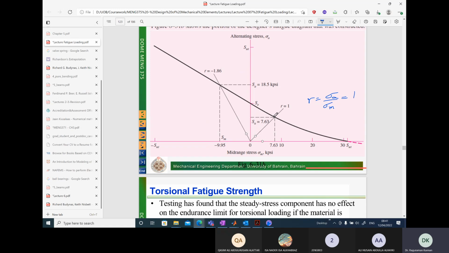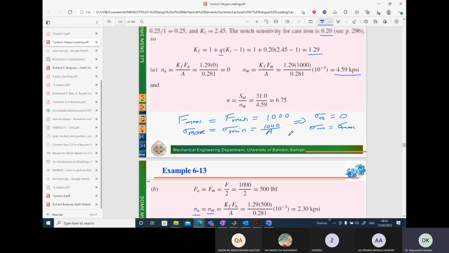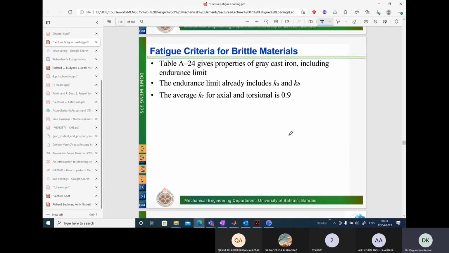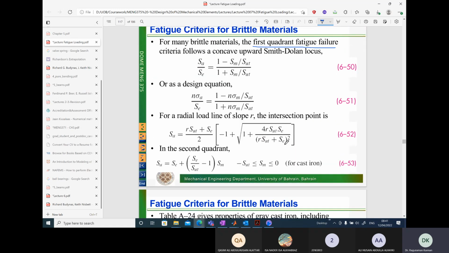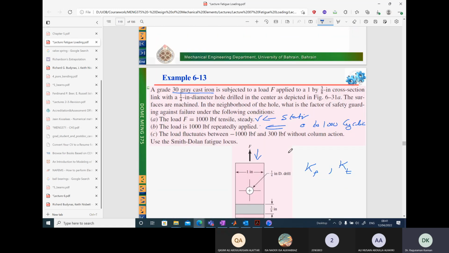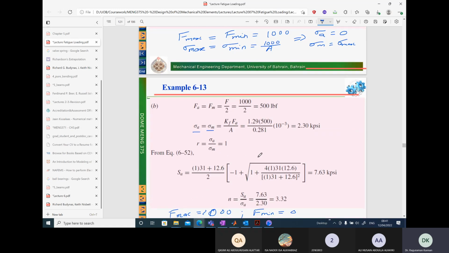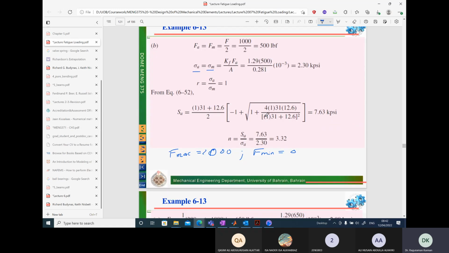So if you find the SA value, the SM value will also be equal, because R can also be written as SA over SM. Okay, so use this formula, substitute R, SUT and SE values are known. And if you do that, I'm not going to do the calculation, it is already calculated here, 7.63 kpsi.